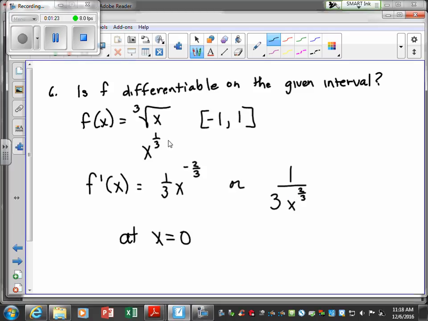So the question is, is f differentiable on the given interval? What do you say? No. Good. Let's say no, because not differentiable at x equals 0.